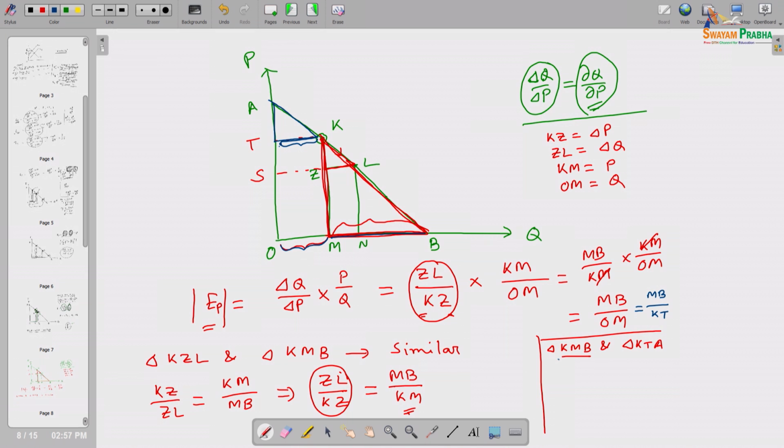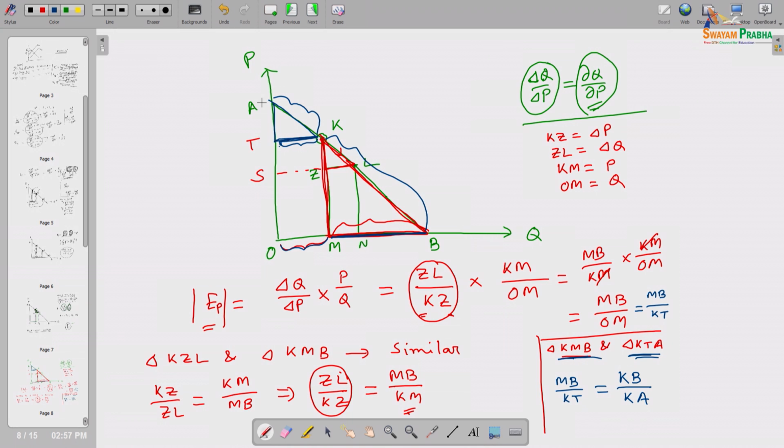By virtue of the fact that this triangle and this triangle are similar, can I tell that MB by KT is exactly equal to KB by KA, because these two triangles are similar. So, this distance by that distance, from the similarity property.